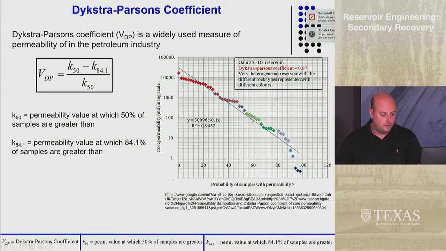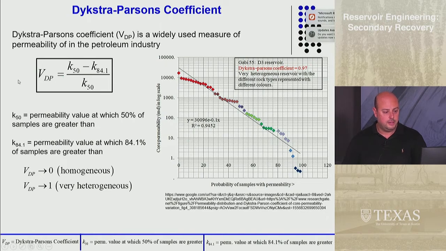We wanted K50, so you come over here at 50, and that looks like about 50% of the samples have a permeability greater than, say, 200 millidarcies. 84.1 is probably somewhere around over here, and I'd have to look at it closer, but 7 or 8 millidarcies is the permeability that has that probability of being exceeded.